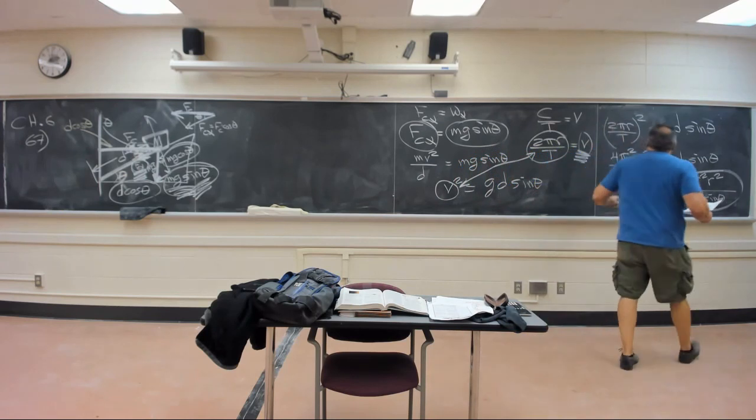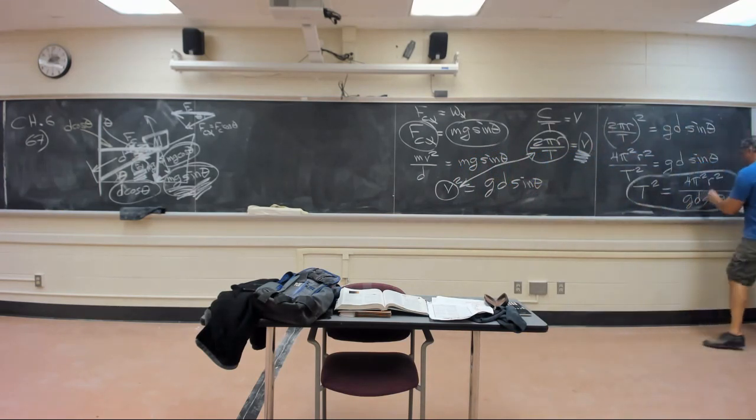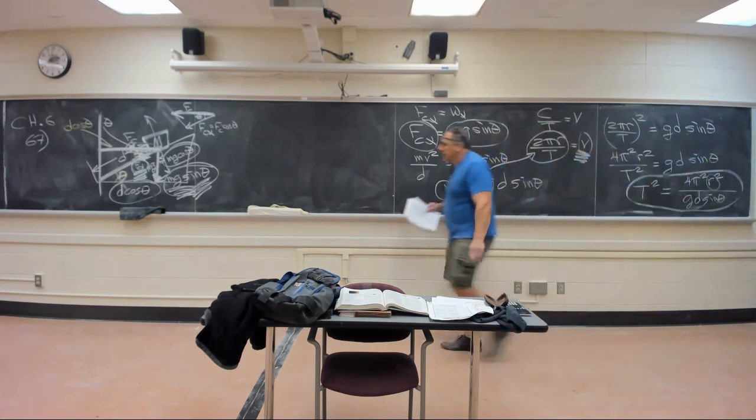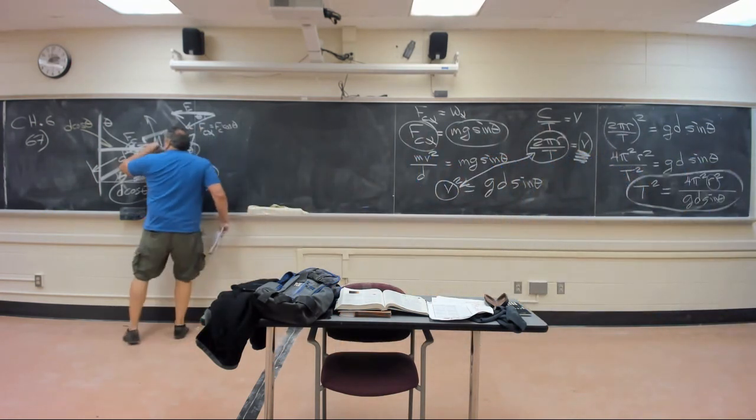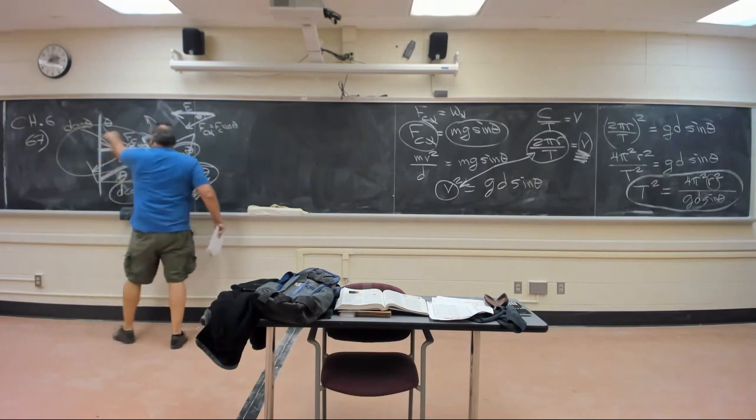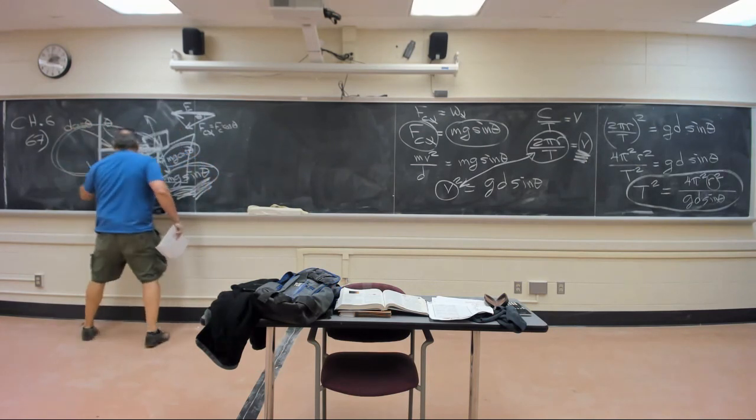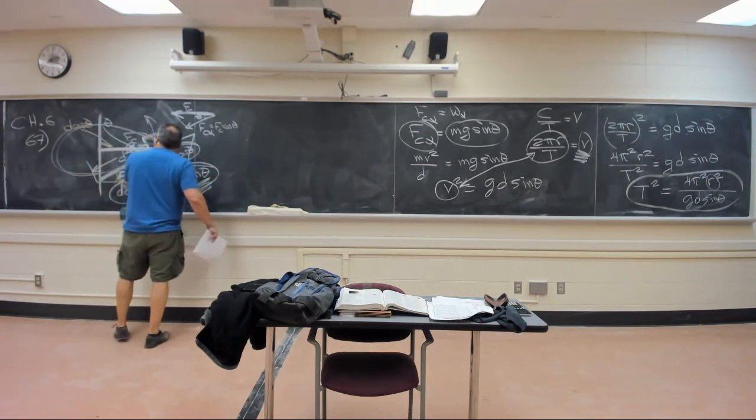Why does the radius have to be what I'm about to say it is? Because this is your circle. Your circle happens right here. That's D. This is theta right here, right?